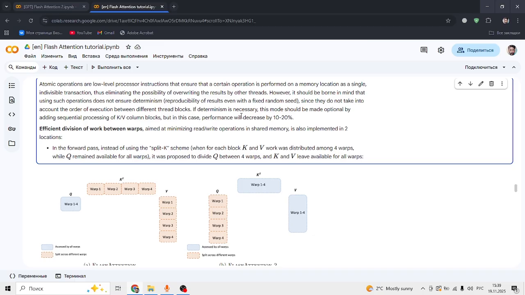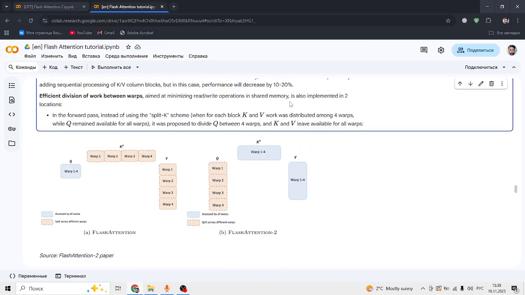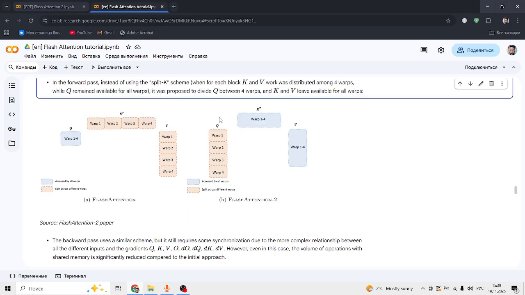In forward pass, instead of using the split-K scheme, that means that for each block K and V was distributed among 4 warps, while Q remained available for all warps, it was proposed to divide Q between 4 warps and leave K and V available for all warps. On the scheme, it looks like this.